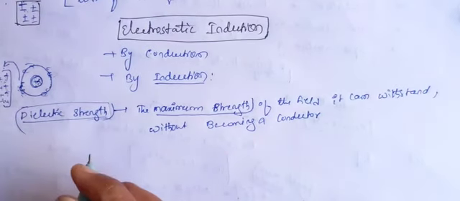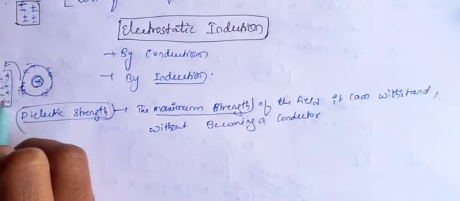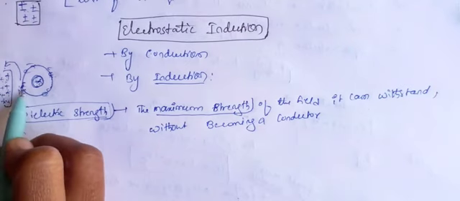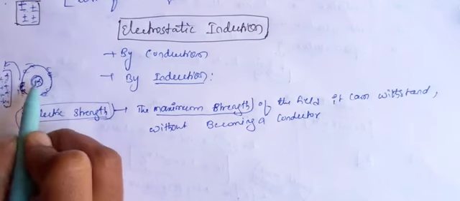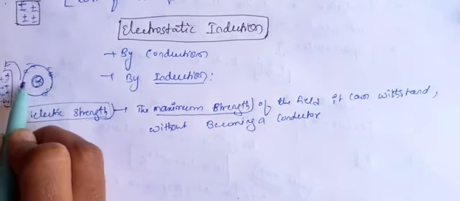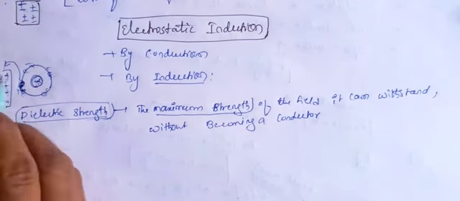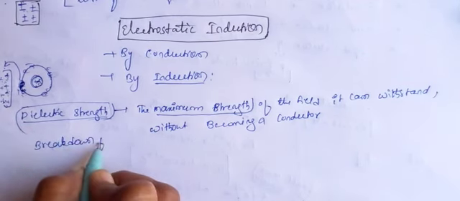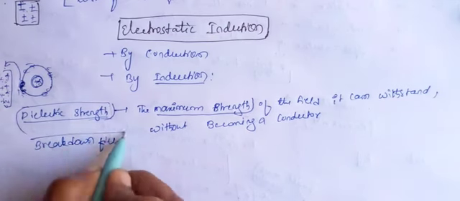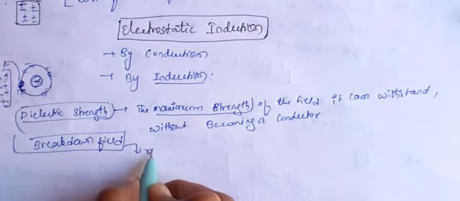Now here, as there are 1000 positive charges and one electron, the electron may be attracted towards these positive charges. That means it will break down this atomic field. This electron breaks down this field and moves towards the positive charges. So here we are getting the breakdown field, which means the minimum field around the insulator required to conduct some charge through it.